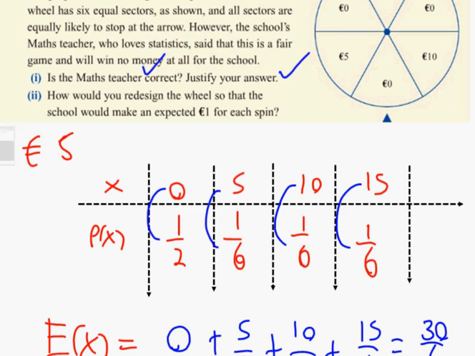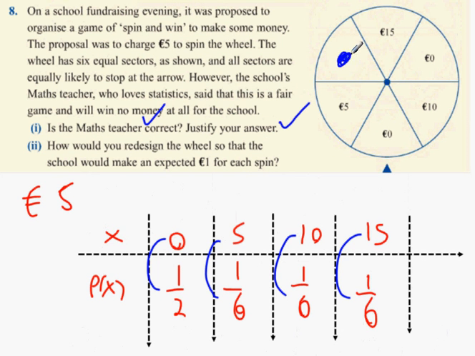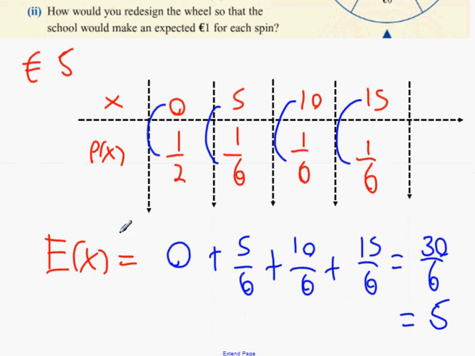How would you go about doing that? Suggest that we remove one of the zeros. Okay? We wanted our grand total here to be 36, yeah? If that was 36 over 6, that would be €6, not €5. So I need a way of manipulating the odds.